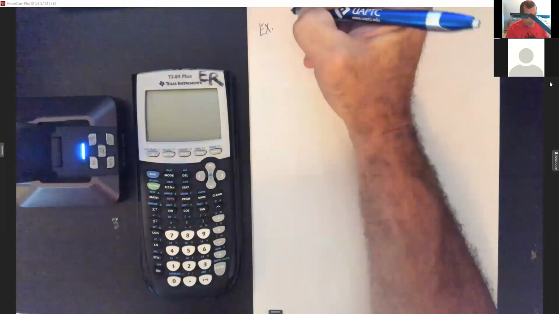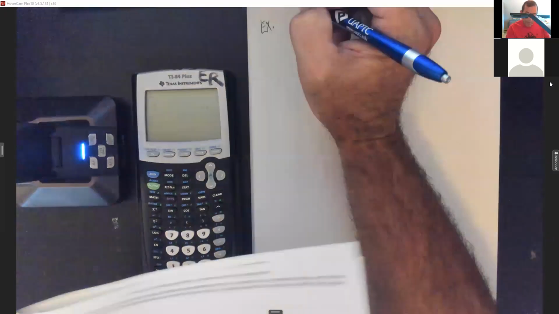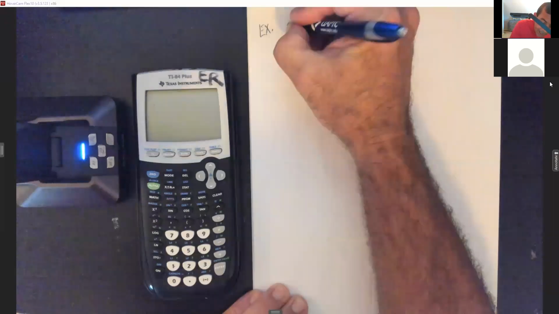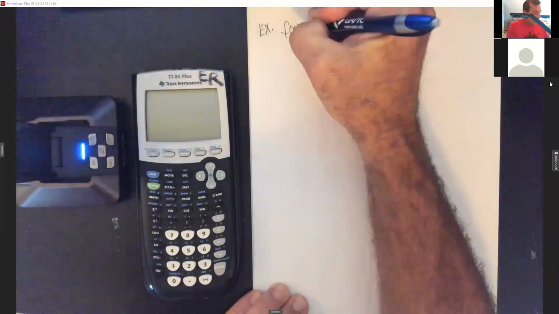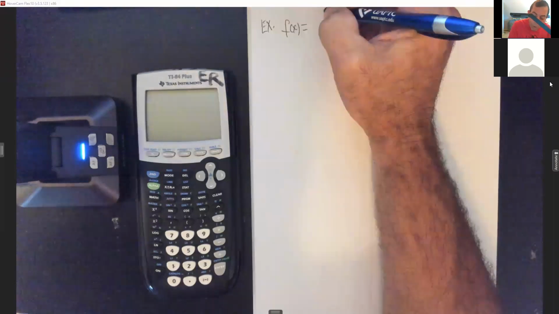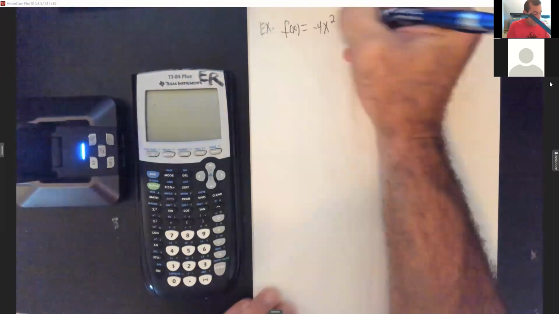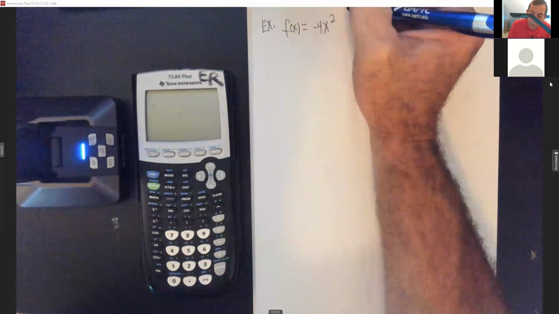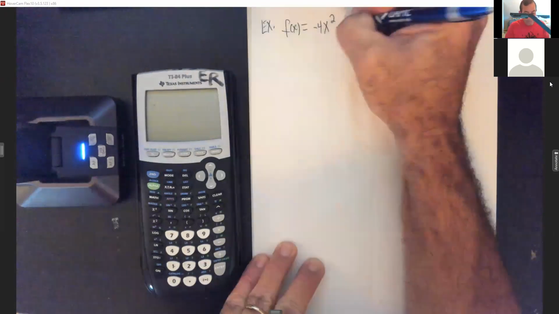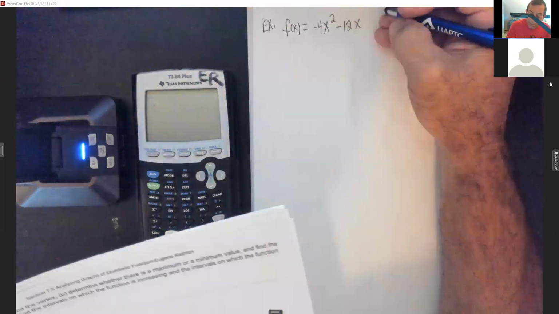All righty, let me read this one. Given a function, so my function is going to be f of x equals negative 4x squared minus 12x plus 3.